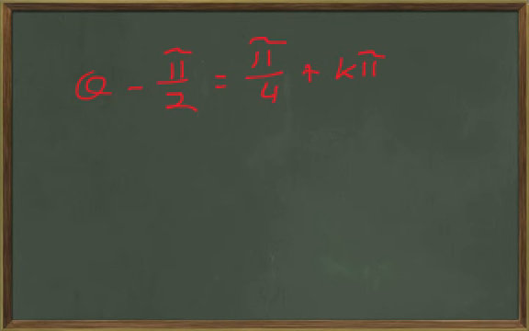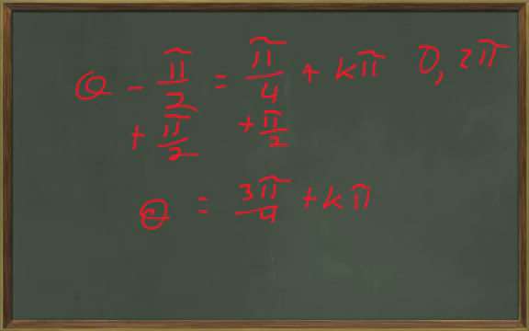So if we add pi over 2 to both sides, this gives us theta equaling 3 pi over 4 plus k pi. Okay, so once again, we have an interval between 0 and 2 pi. So our answer has to be greater than 0, less than 2 pi.